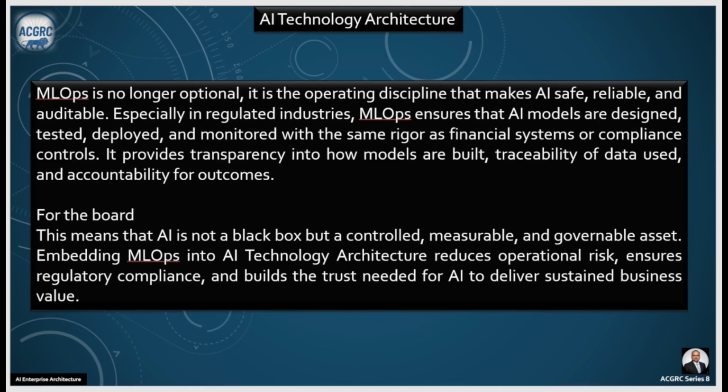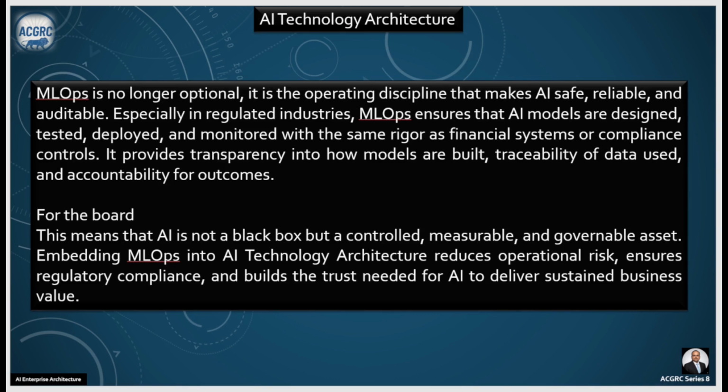MLOps is no longer optional. It is the operational discipline that makes AI safe, reliable, and auditable, especially in regulated industries. MLOps ensures that AI models are designed, tested, deployed, and monitored with the same rigor as financial systems or compliance control. It provides transparency into how models are built, traceability of data used, and accountability for outcomes.